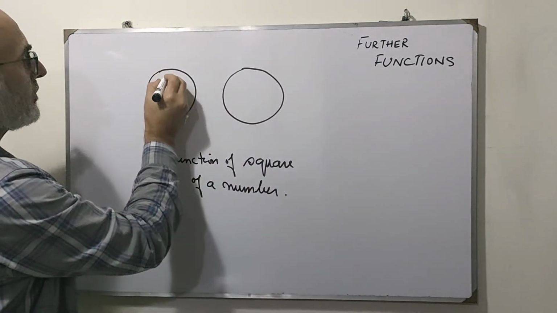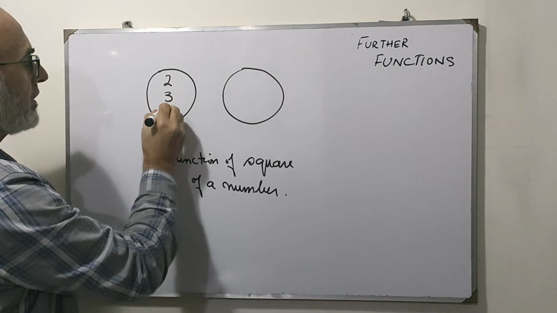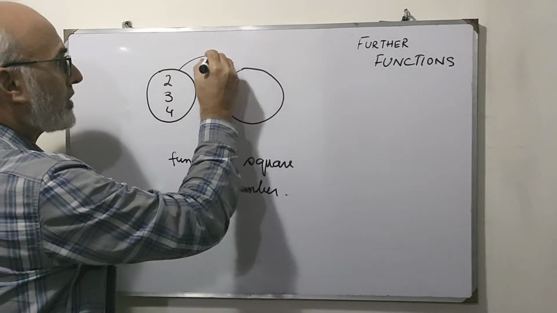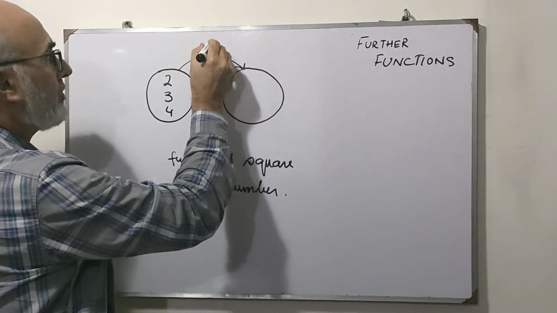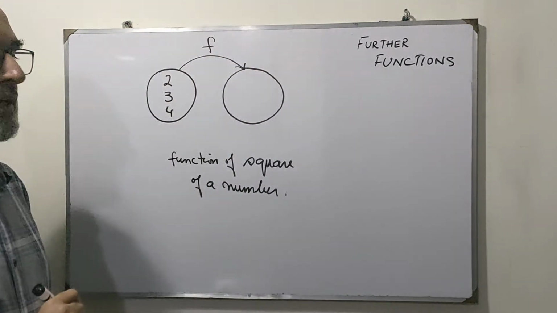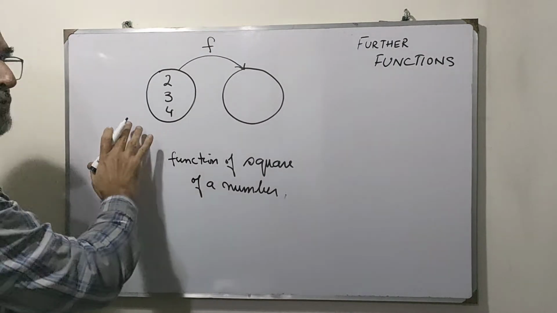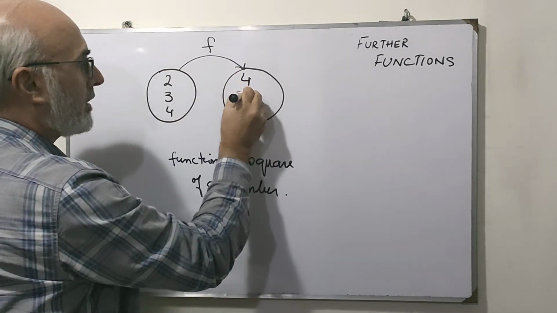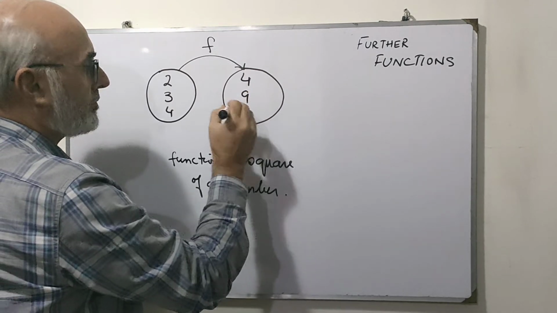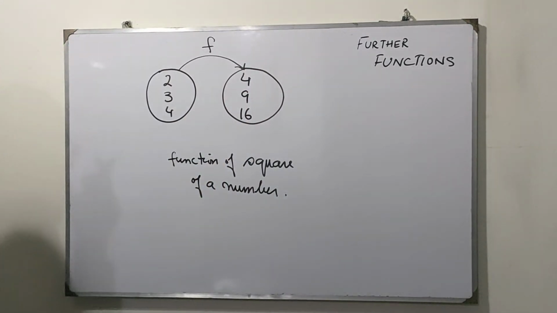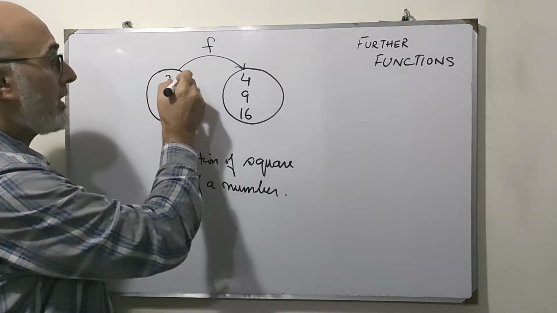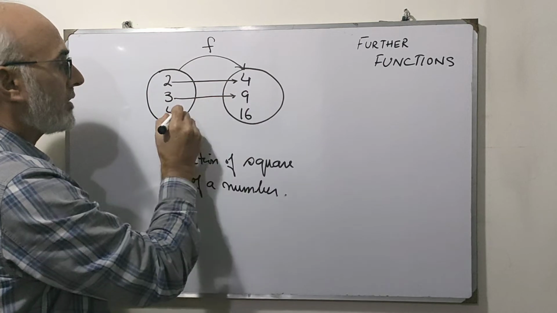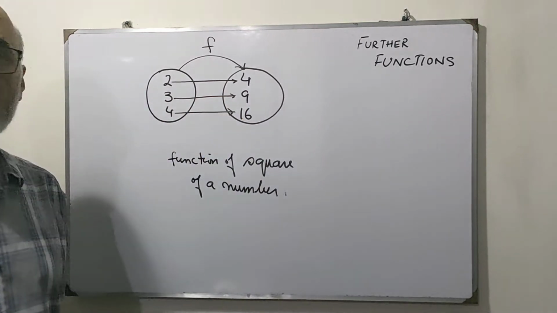And we have numbers over here: 2, 3, 4, and it's our function, and we denote it with f. This is our domain, this is our codomain, and here we have 4, 9, 16. So what's happening here? We are linking 2 with this, 3 with this, 4 with this.